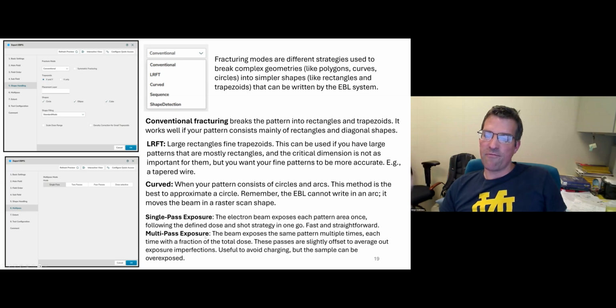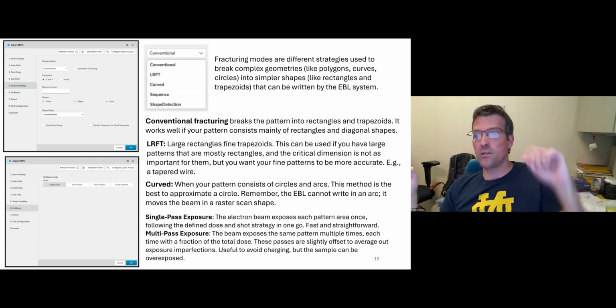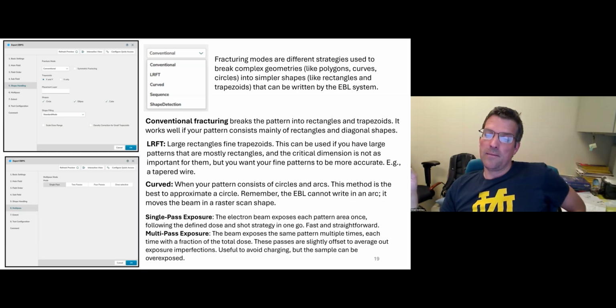If you have, let's say, a sample where it is prone to charging, you can actually use a multipass, where the beam goes through multiple times on the same pattern, but it doesn't apply the full dose at once.